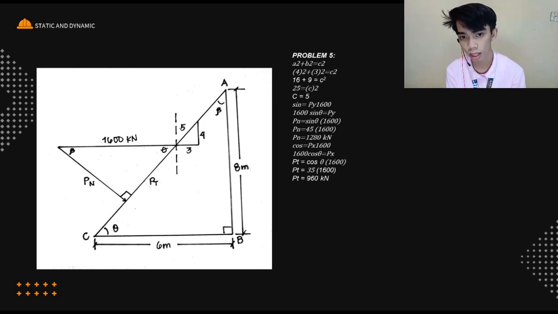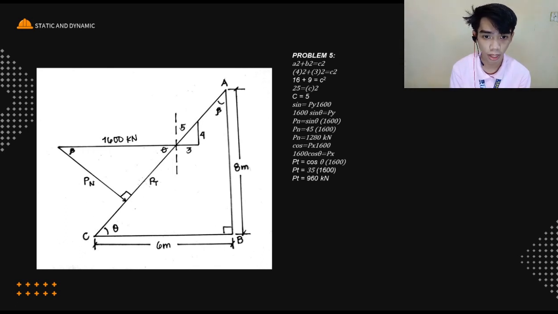So, to get the normal force of P, we just use sin theta times P. So, sin 45 times 1,600 is 1,280 kilonewton.